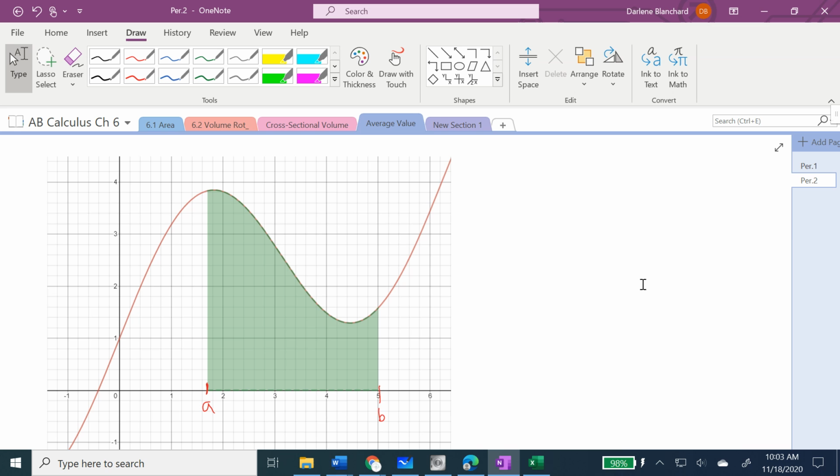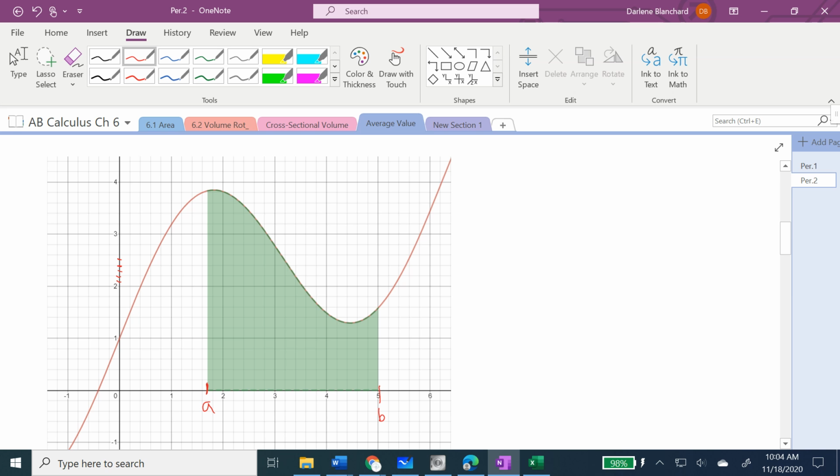And let me give you time for more guesses. So far people have given answers of 2.1, 2.2, 2.3. I've got a 2.5. I've got a 2.4.